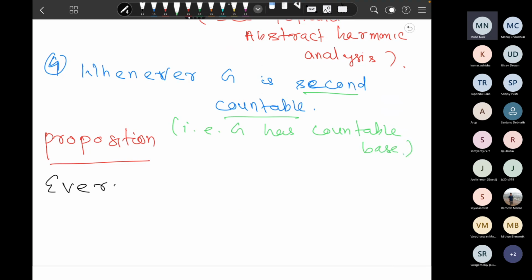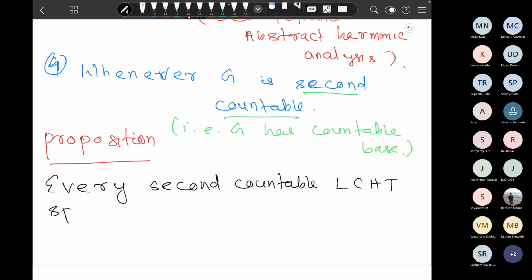There is a proposition: every second countable locally compact Hausdorff topological space is sigma compact. You can prove this as an exercise on your own.